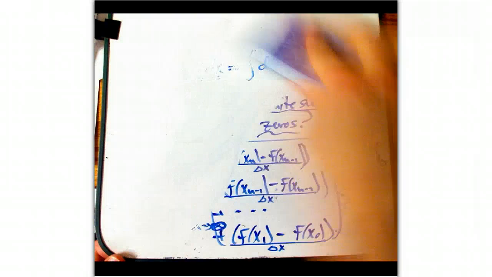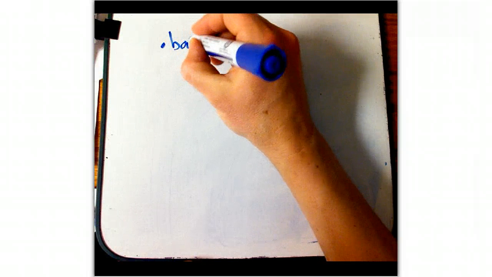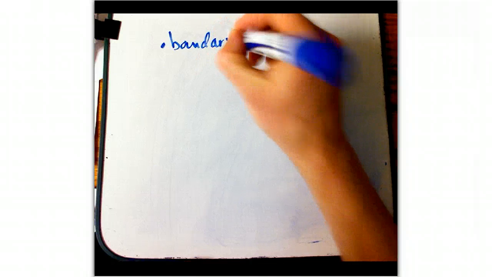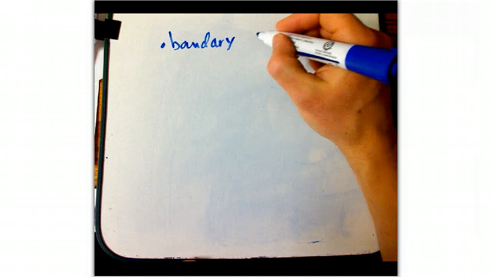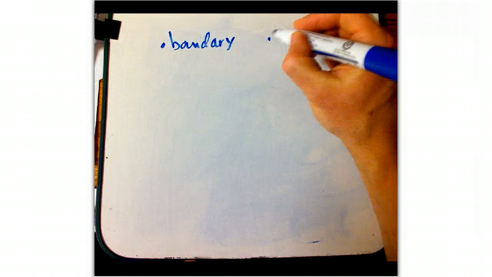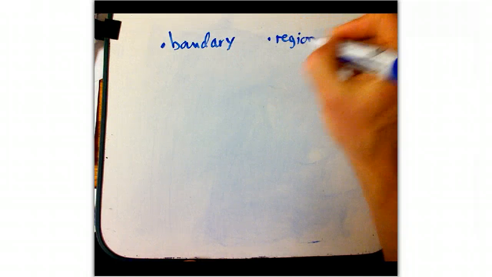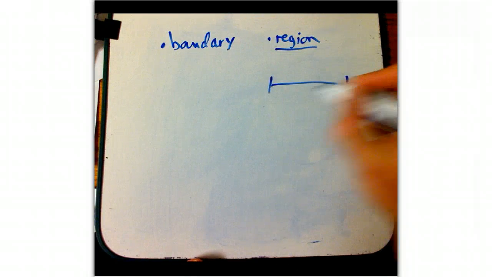Okay, so let me summarize the point of view we have on the fundamental theorem. The ingredients are, we have a region, which is the interval, this guy, a to b.